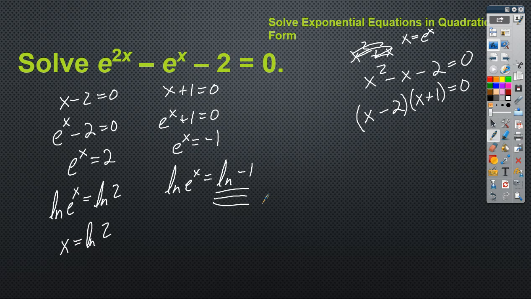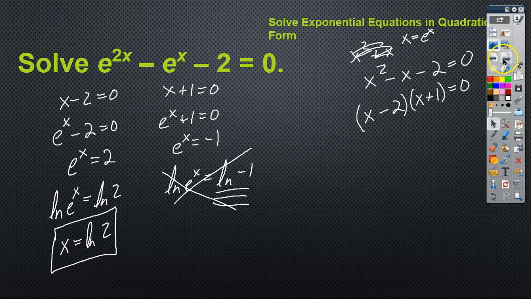Oh gosh, we can't do that. No. So at that point, I say, nope. That's not a way to get a possible answer. This is my only answer. And I'm done. Okay. Here we go. Boom.